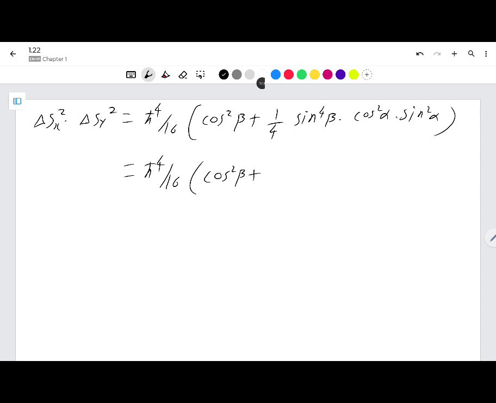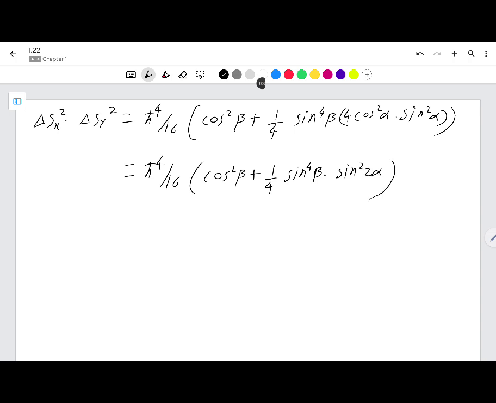Okay, I think so. We just multiply and divide with 4 here. So this becomes 4 sin square 2 alpha.